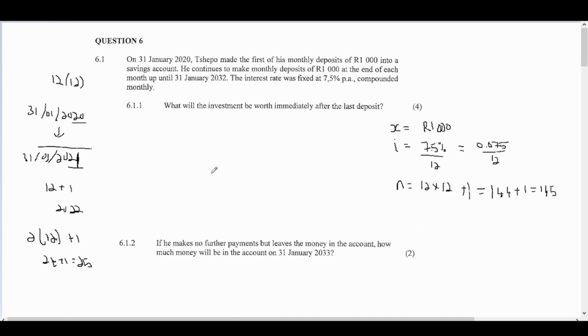We're going to pop this into our continuous payment formula to determine the future value. So F equals x, big bracket, small bracket, 1 plus i to the n minus 1, close bracket, all over i.